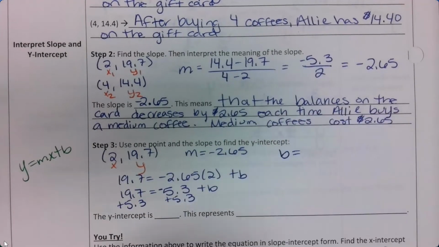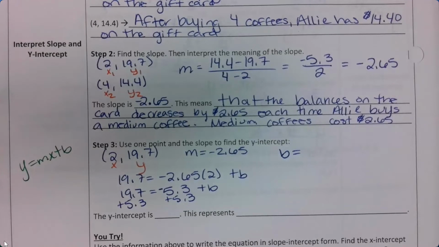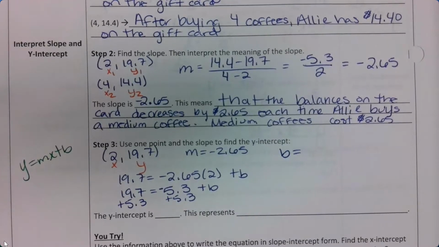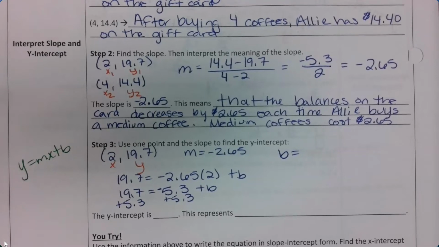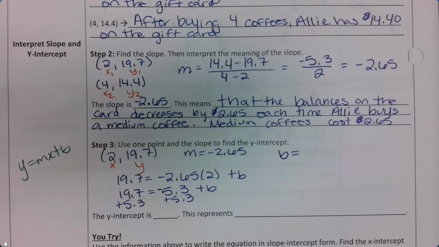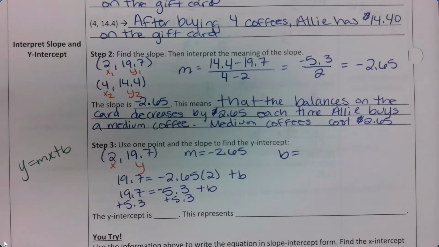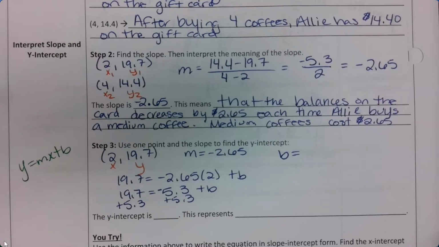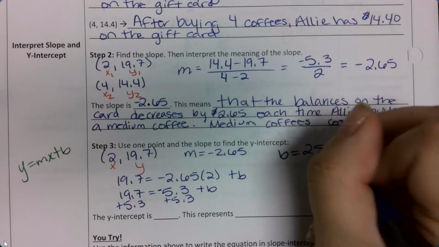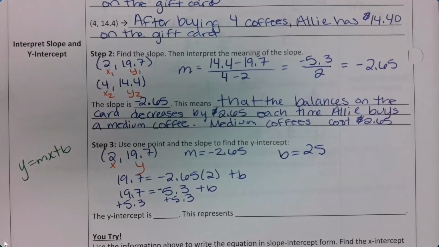So b equals, what does b equal? 25. So what does this mean in terms of our word problem? What is that 25 representing? Yeah, dollars. It's how much was on the gift card to start.